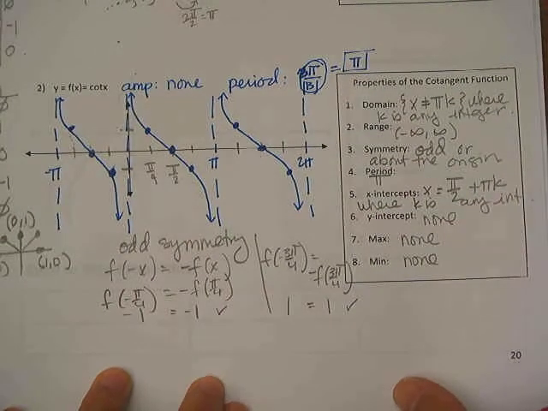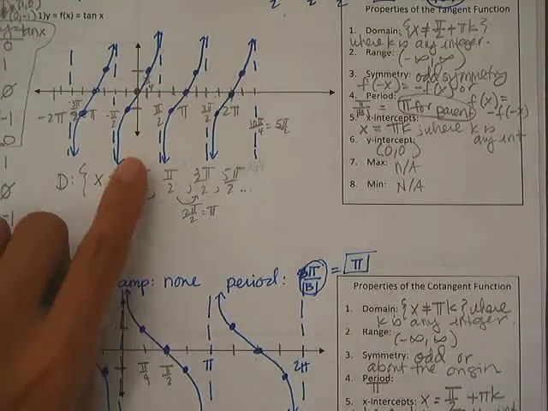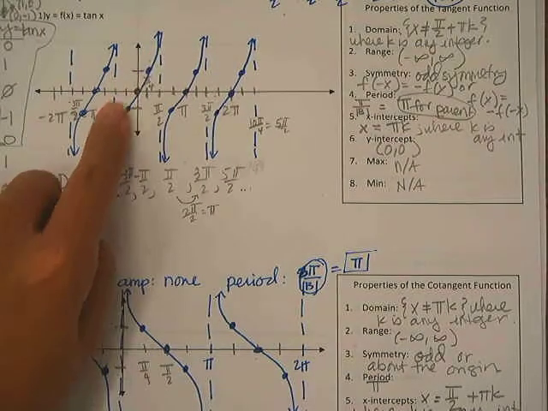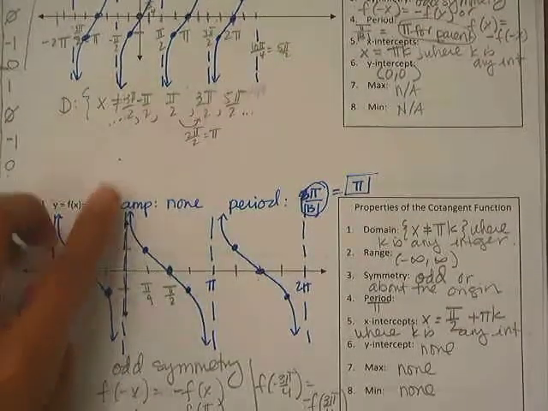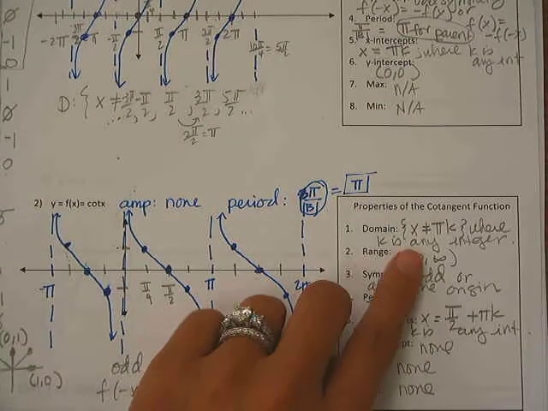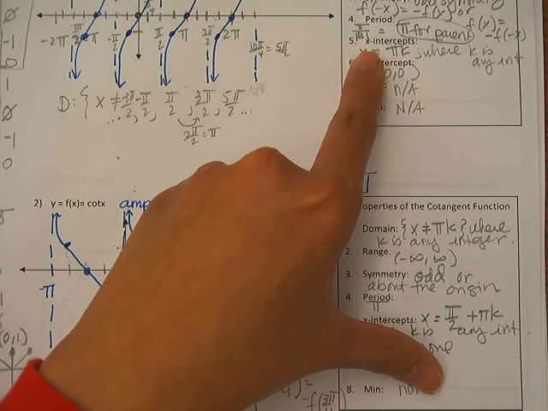So what's the difference between cotangent and tangent? Cotangent is a decreasing function. Tangent is an increasing function. The domain of cotangent is the same equation as the x-intercepts of tangent.